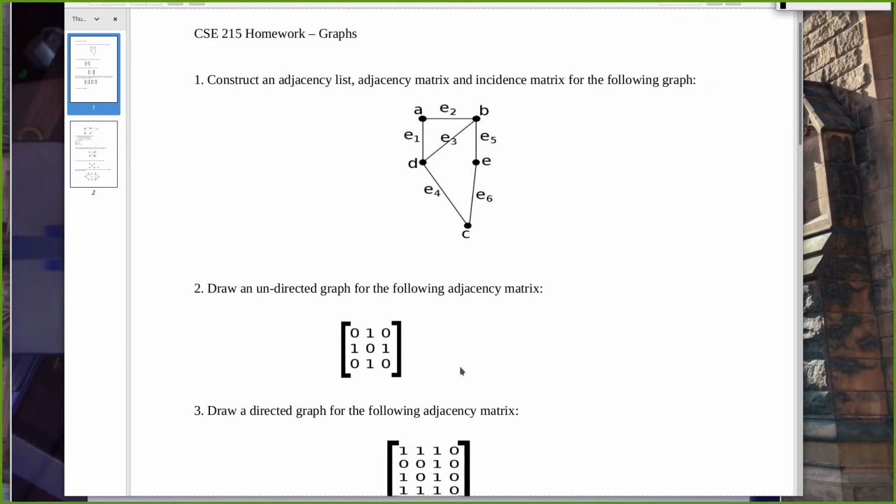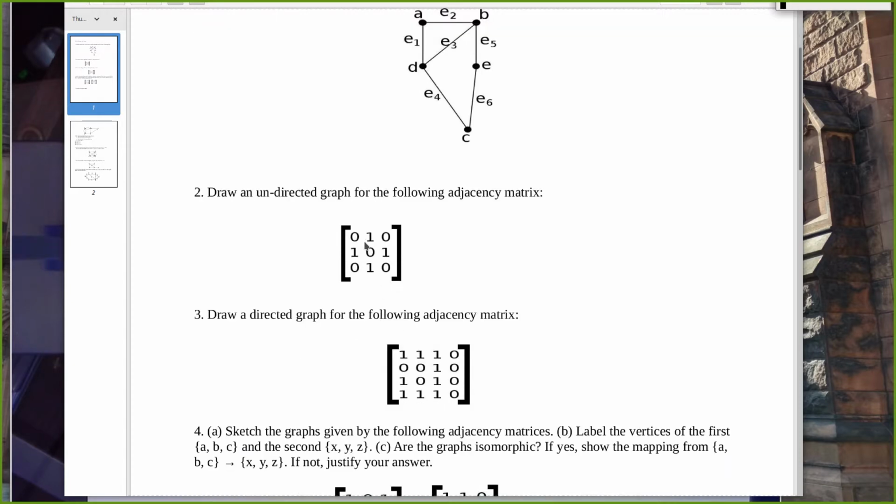Question 2, an undirected graph for the following adjacency matrix. So you've got 3 vertices, 3 nodes, which you know because your matrix is 3 by 3. And an adjacency matrix will always be square, right? N by n for a graph with n vertices. And so whatever we choose to call these, if we just call them A, B, C, we have an edge from A to B and an edge from B to C. And it's symmetric because it's undirected.